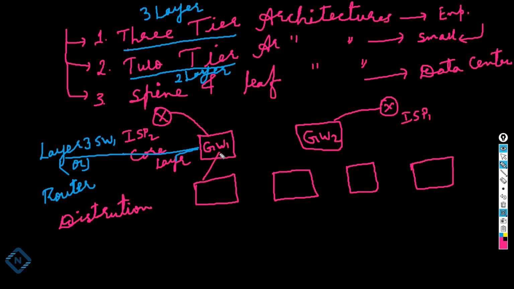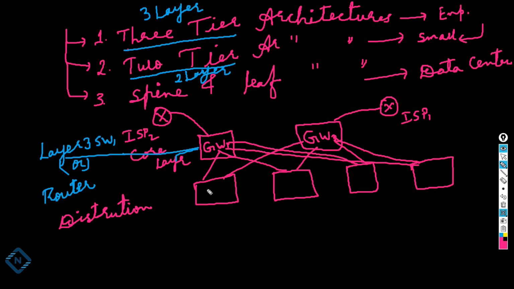This will connect here, imagine, and this will be connecting one cable here, and this way, this will connect here, this will connect here. So this way, this is the distribution layer.